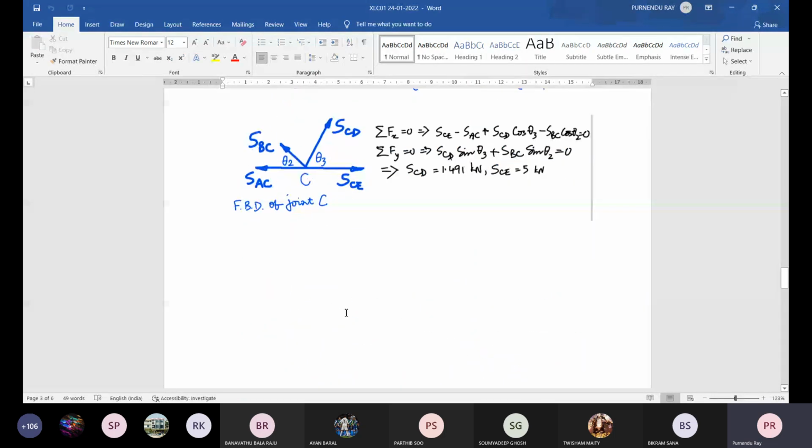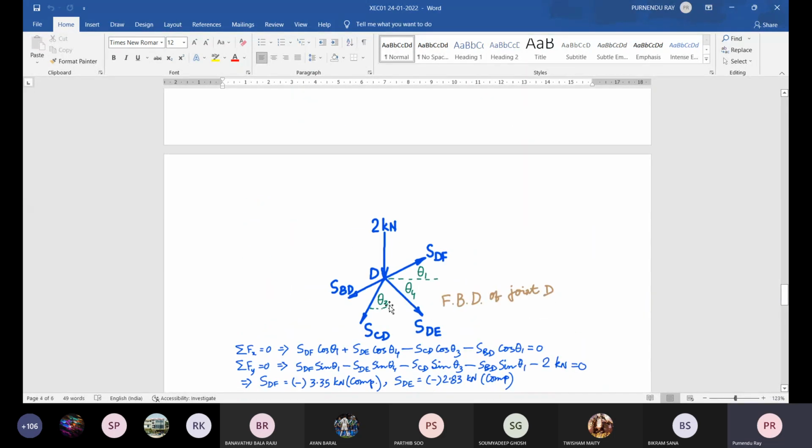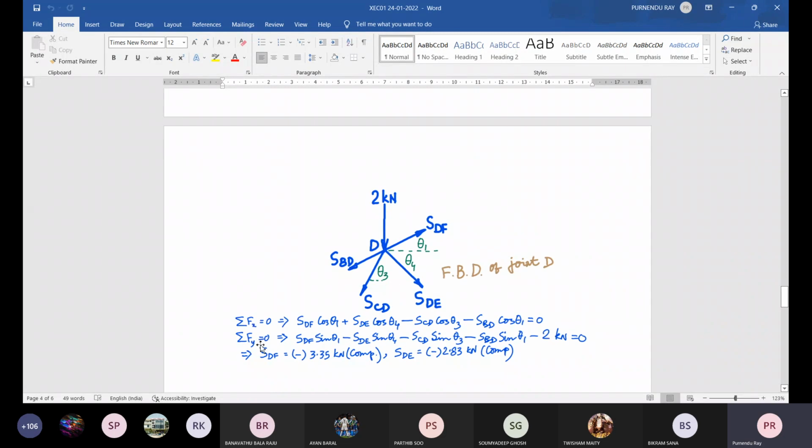Now, for joint D, write down those equations. Sigma Fx equals 0: S_DF unknown, cosine theta 1, S_DE unknown, multiplied by cosine theta 4, S_BD minus cosine theta 1, S_CD minus cosine theta 3. Okay.